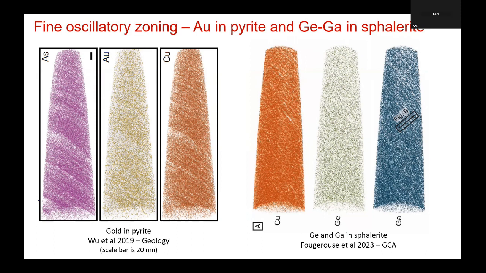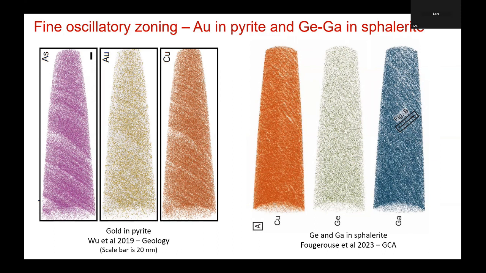Some people claim that this oscillatory zoning is due to fluid composition changing, some sort of repetition of fluid flows. What I'm saying is that that is bonkers, because you cannot have billions of fluctuations over the crystallization of a mineral.